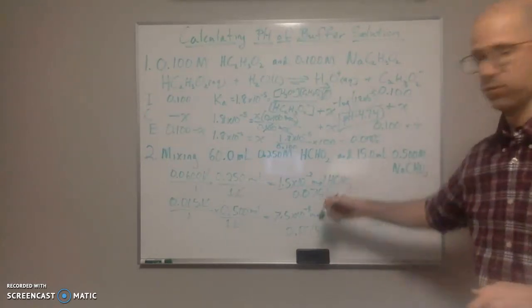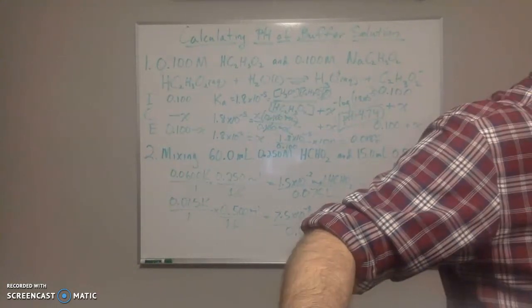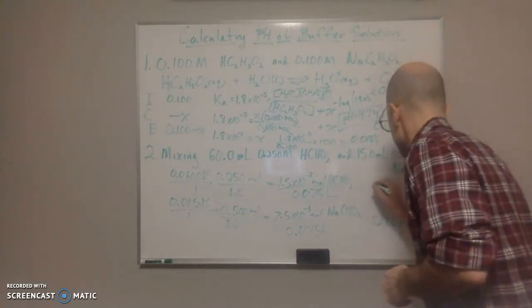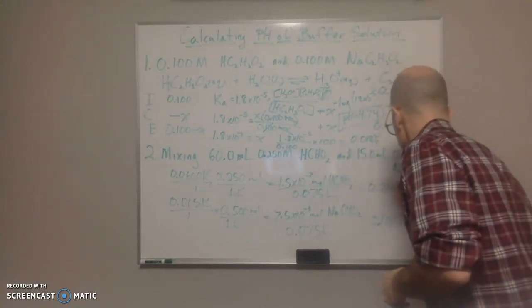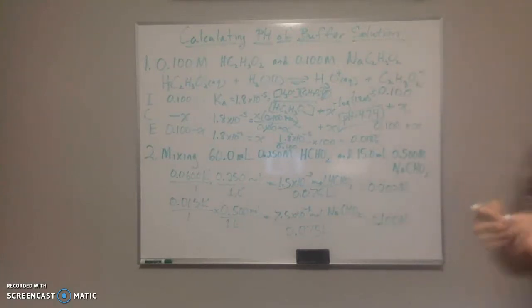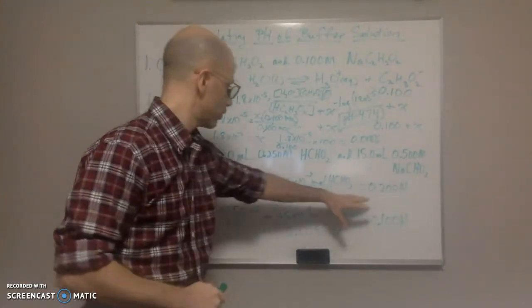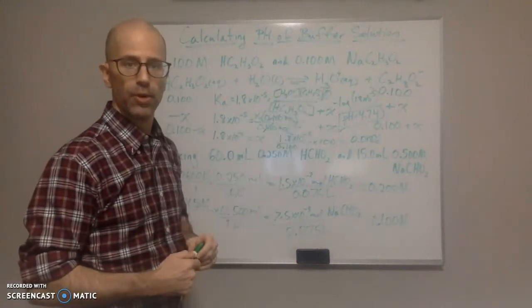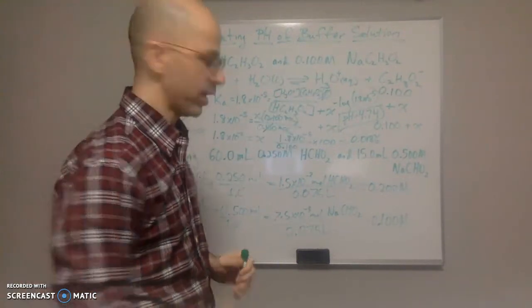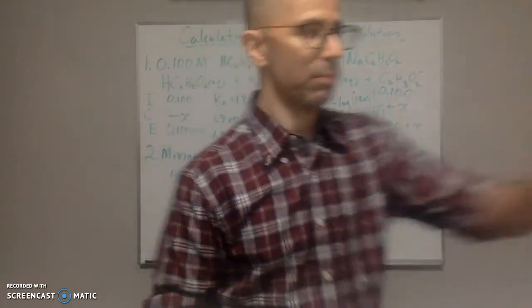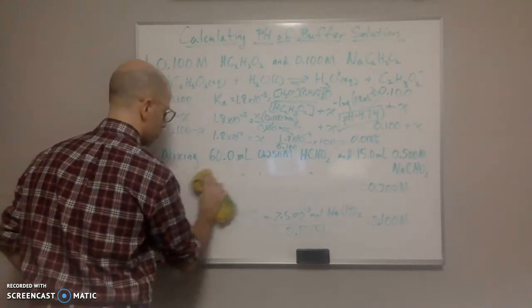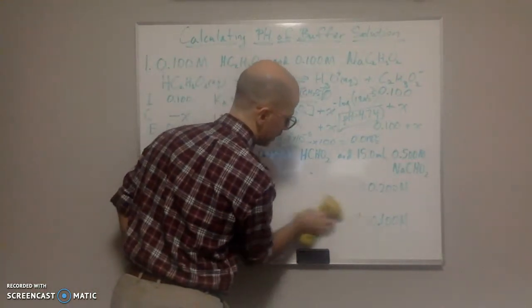And for this one, that would be 0.200 molar. Okay, so now that we have the new molarities, now we can do the same thing we did in our first problem. So then we're going to erase the board. So we got this. Okay, so let's give ourselves some space.